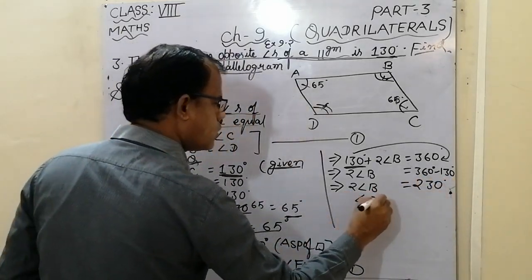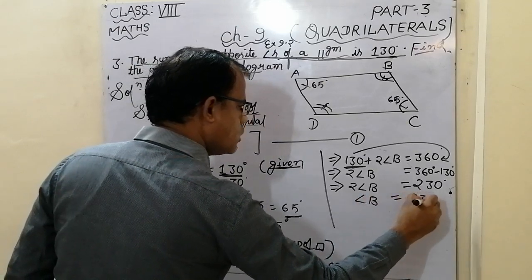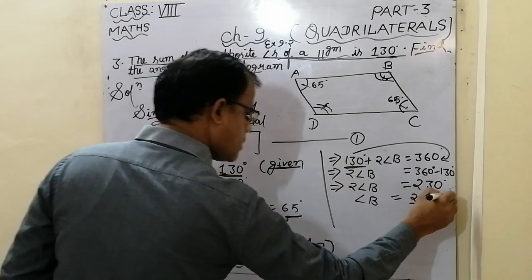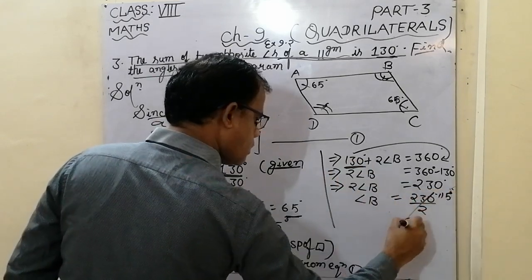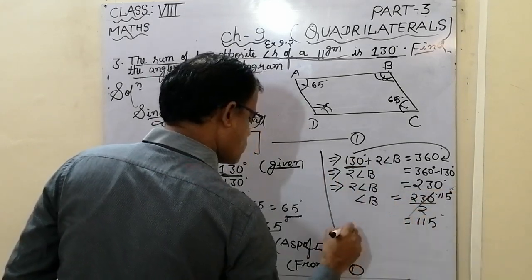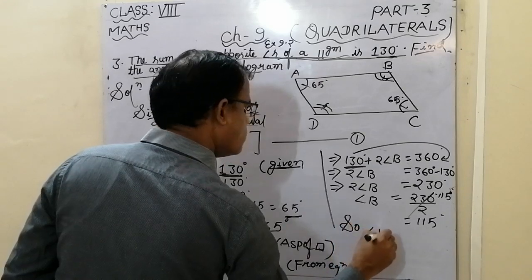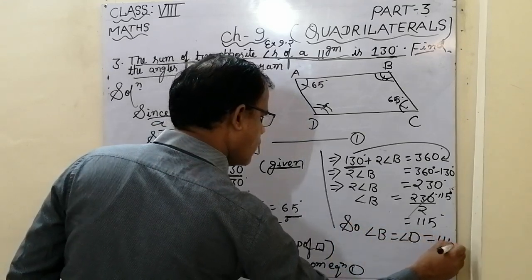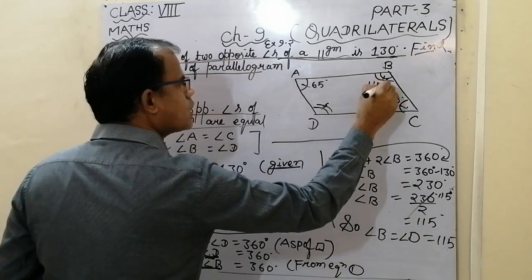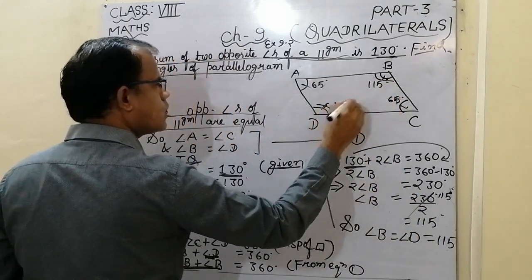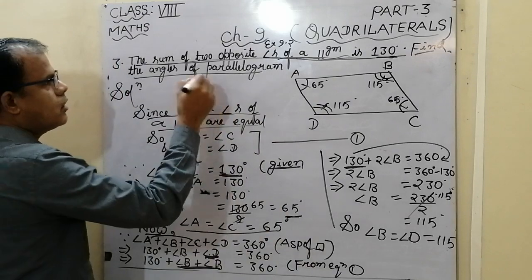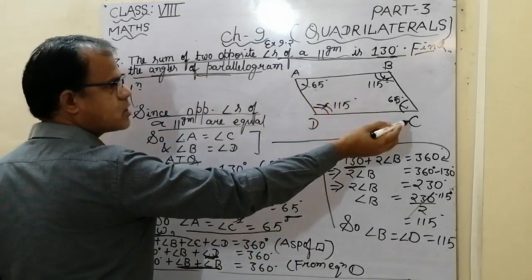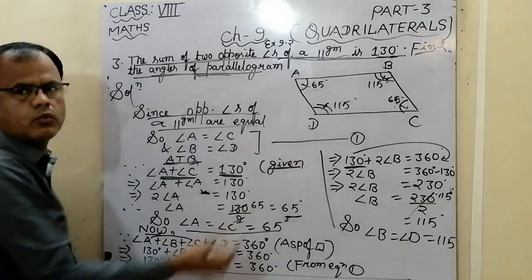So angle B equals 230 divided by 2, which is 115 degrees. So angle B equals angle D equals 115 degrees. So we find all the angles: angle A is 65, B is 115, C is 65 and D is 115.